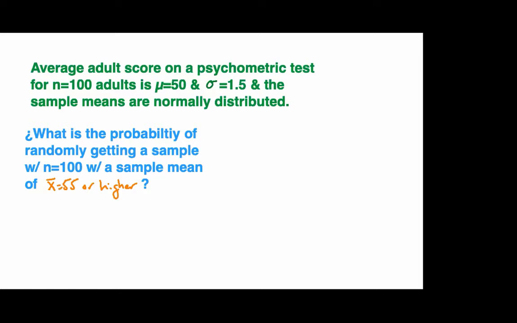So I would do something like this: norm dist, parenthesis, 55. We give the mean. The mean is 50, the standard deviation is 1.5, and we always say true. What's wrong with this as I've written this function?